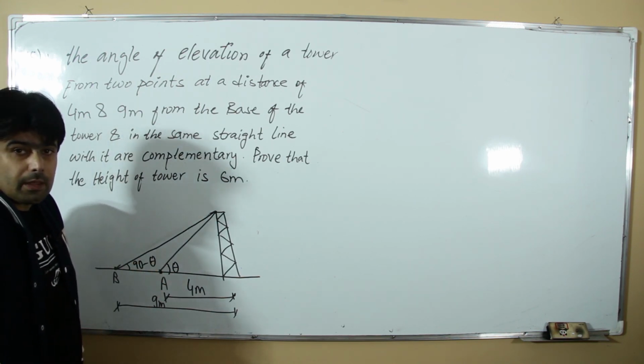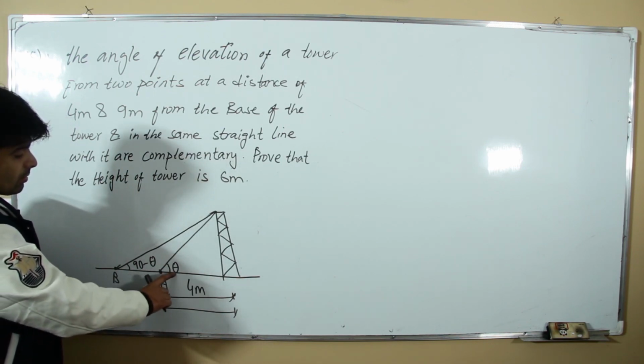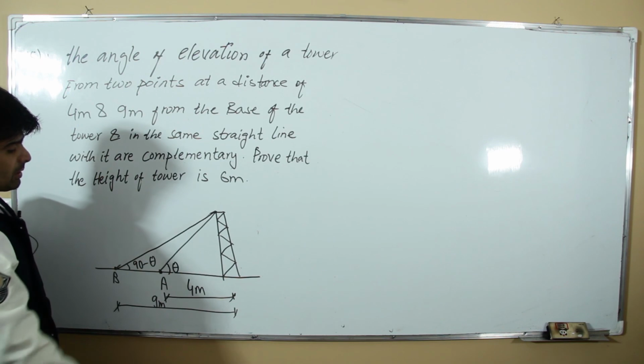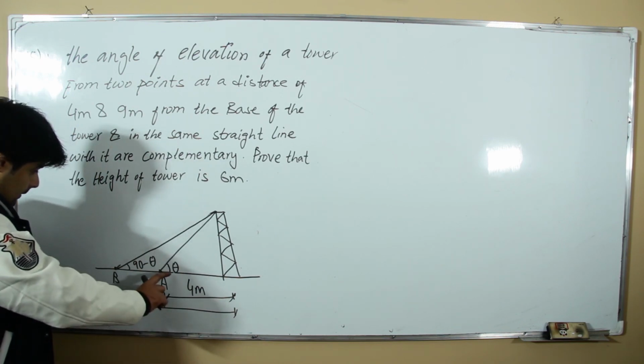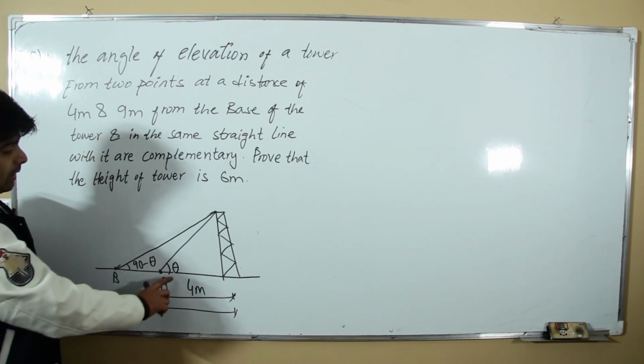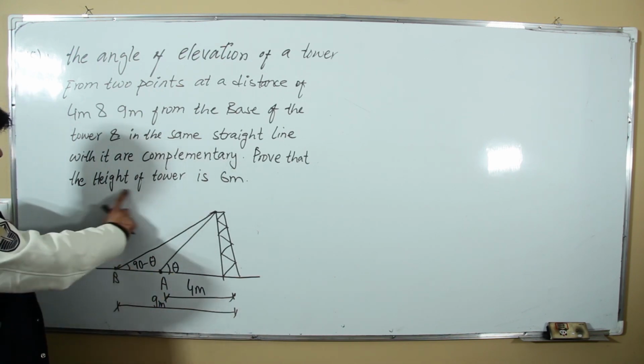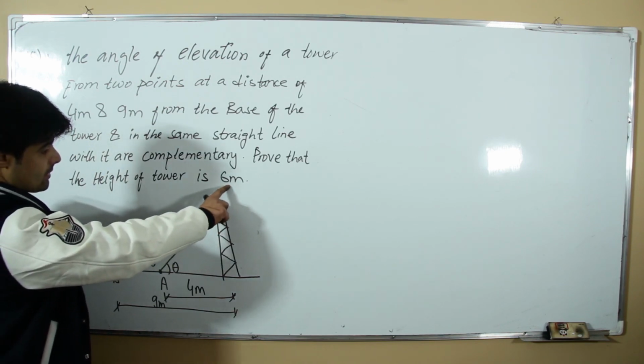What are complementary angles? If the summation of the angles is 90. If this one is 20, this is 90 minus 20, which is 70, and 20 plus 70 is 90. Now you have to prove the height of the tower is 6.